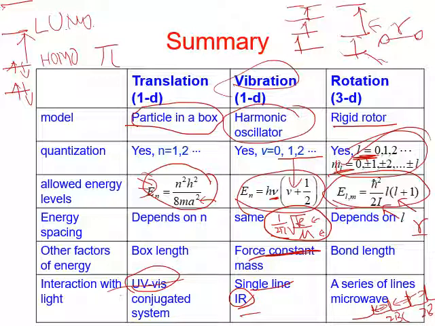And this absorption frequency falls in the microwave for pure rotation. So if we do microwave absorption, we should see these absorption lines, and we can find the B constant. And from the B constant, we can calculate the radius or the bond length of the molecule.